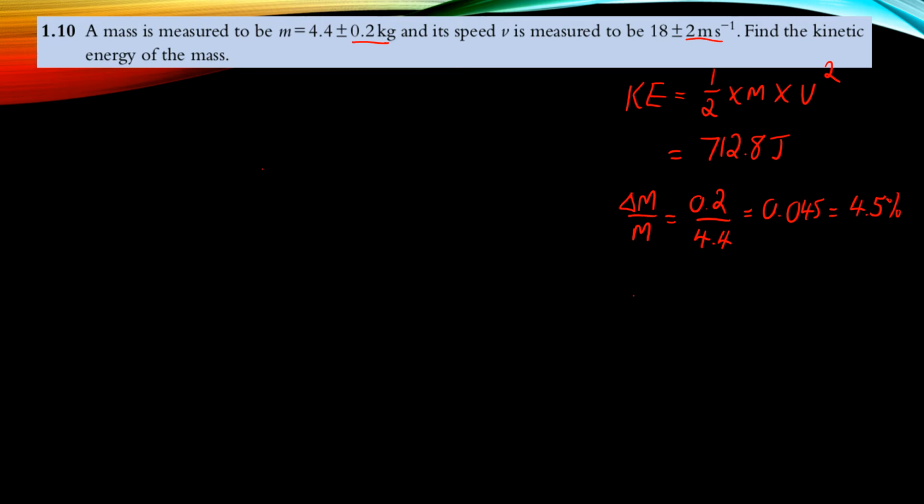For the speed, it is 2 over 18, which is 0.11 or 11%.